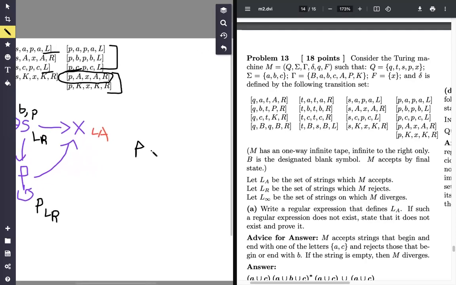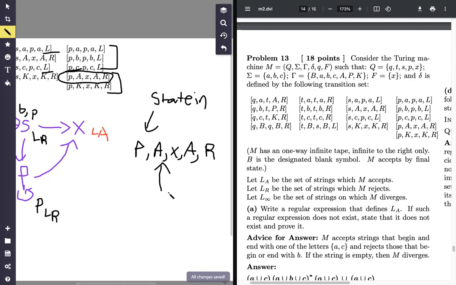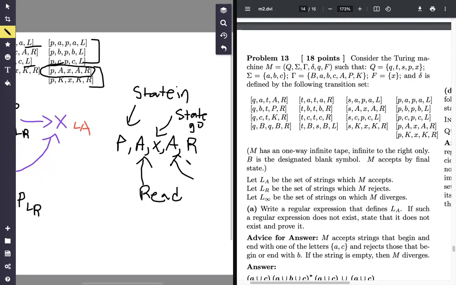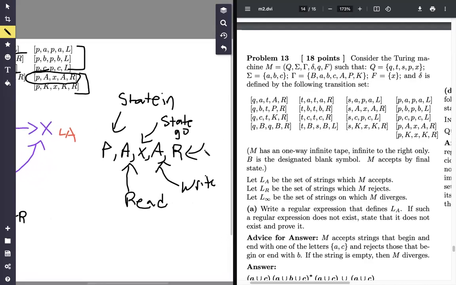So if this is like P, A, X, A, R, right? This is the state you're in. But this is what you read. So I don't know what you mean by you go to A. This is the state you go to. And then this is what you write.